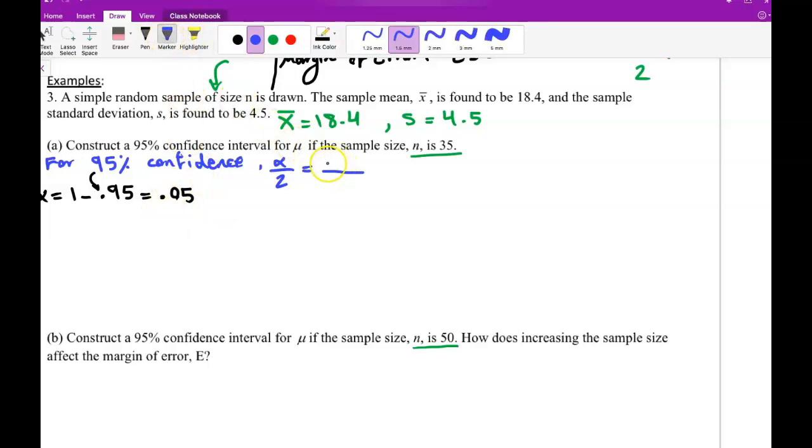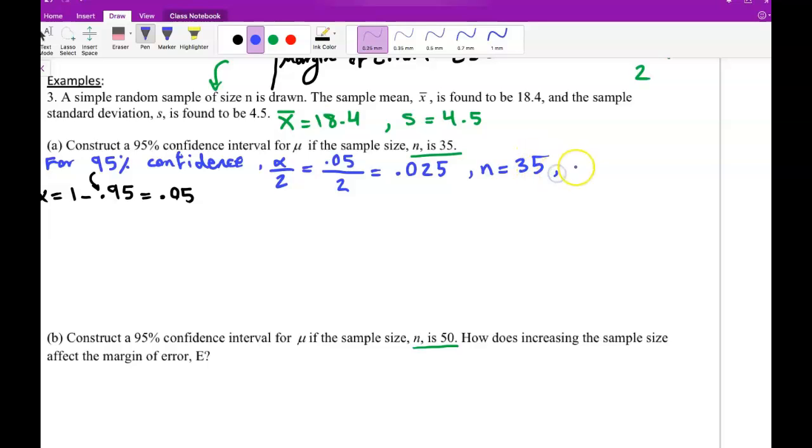Using that one here, so we have 5% divided by 2, and it's equal to 0.025. Okay, and also we have this n is 35.